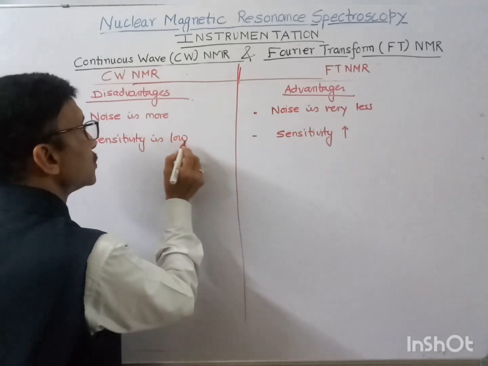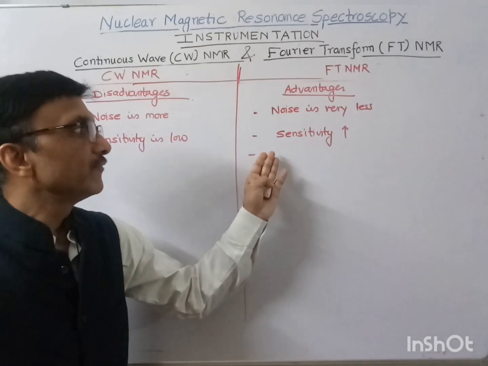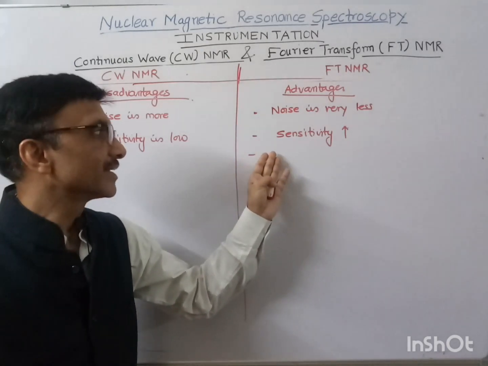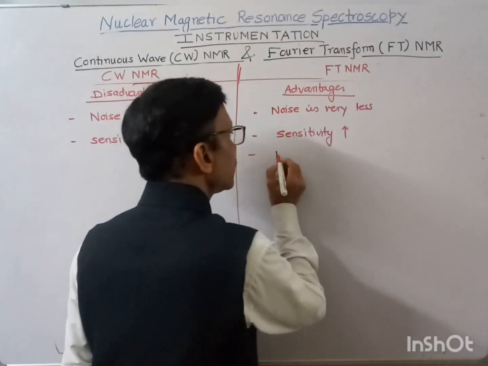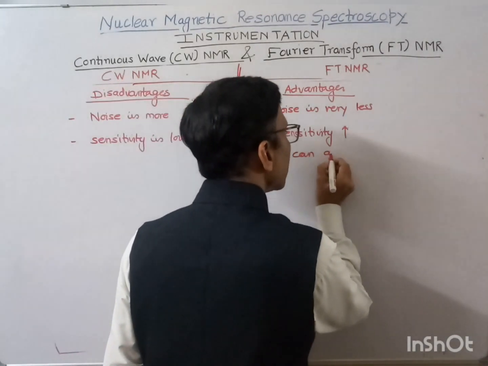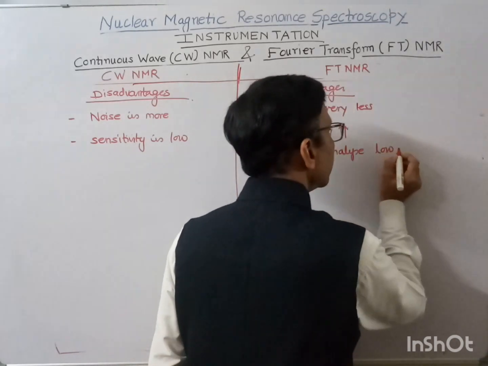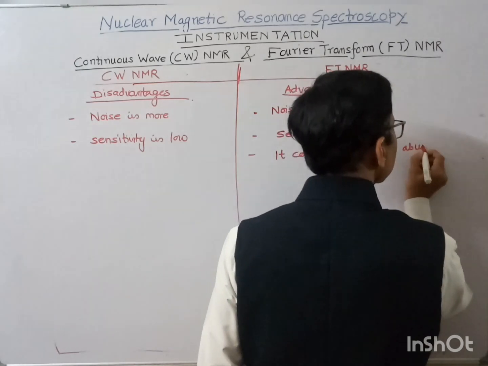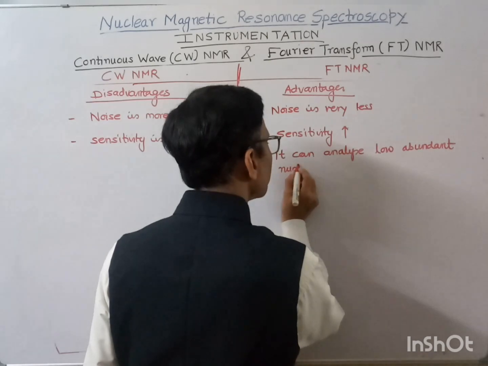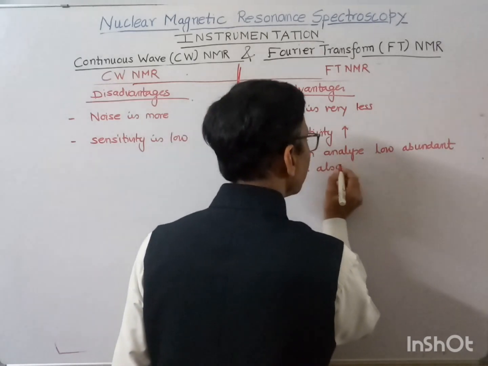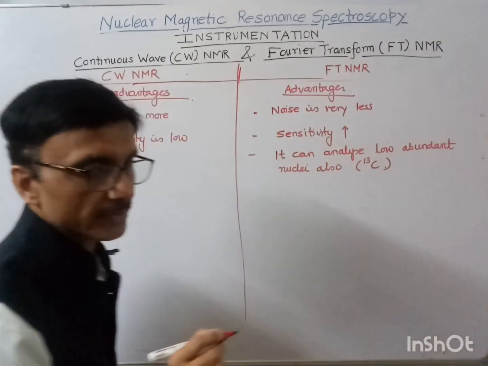As the sensitivity of this instrument is very high, we can also analyze low abundant nuclei. For example, C13 nuclei can easily be examined here.